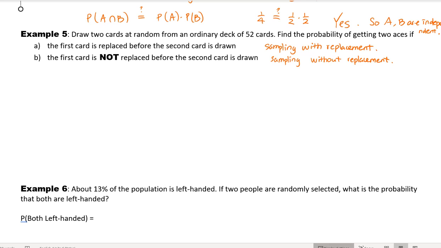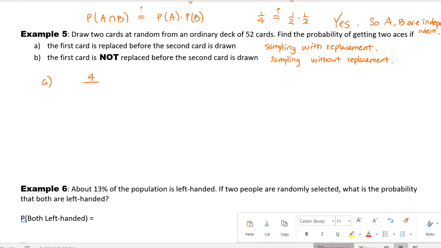Okay, so let's see, part A. The first round we have 4 aces, right? And how many cards total? 52 cards. That's the first round.